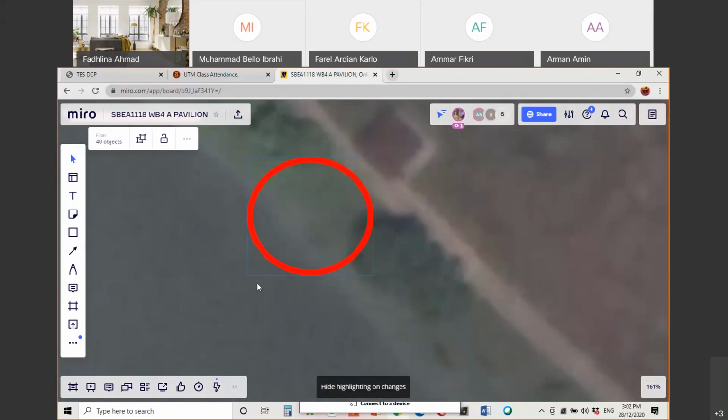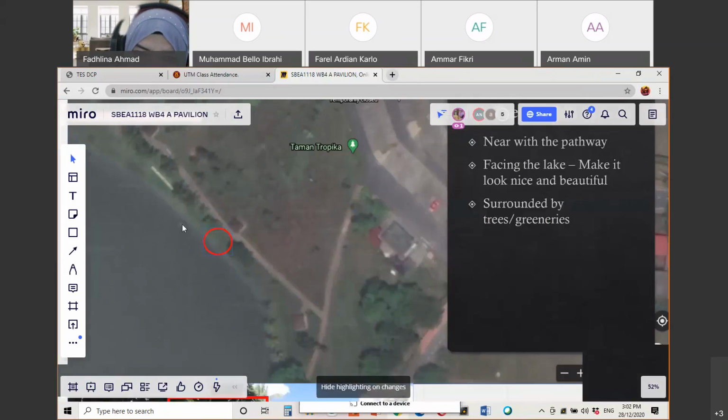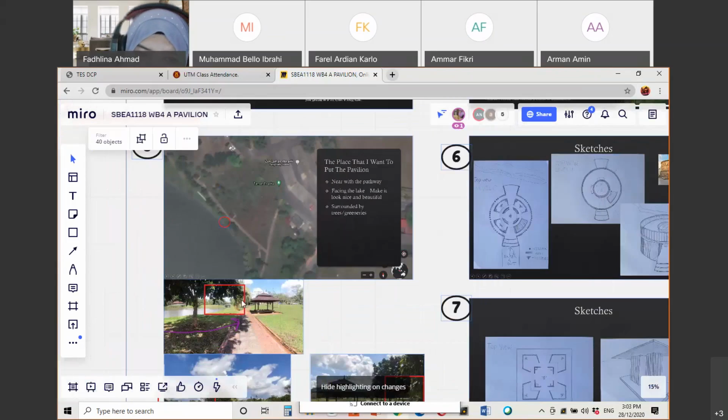For now, it's not related to my chosen sculptures. Okay, for now it's okay. I just want you to think of it. It is not really only on the views and the greeneries, but how those things can be related to your chosen sculptures. That one you should think of later.